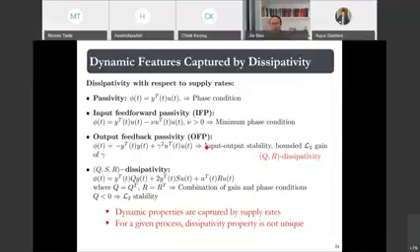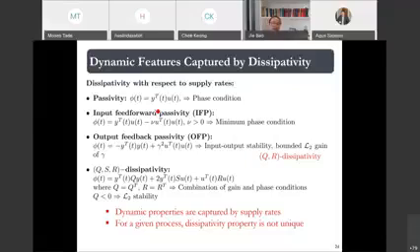And for the supply rate function, we can have all sorts of different supply rate functions, and different supply rate functions describe different input-output properties. For example, if the supply rate function is y transpose u, the dissipativity condition is actually a passivity condition. It basically is about the phase condition of the process.